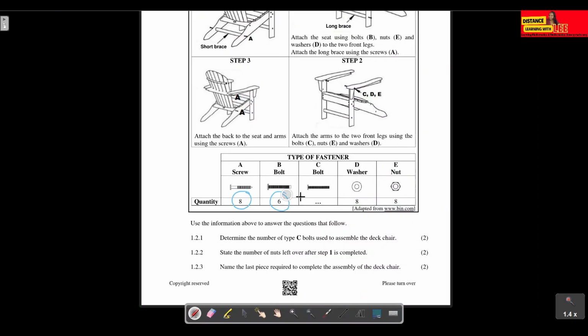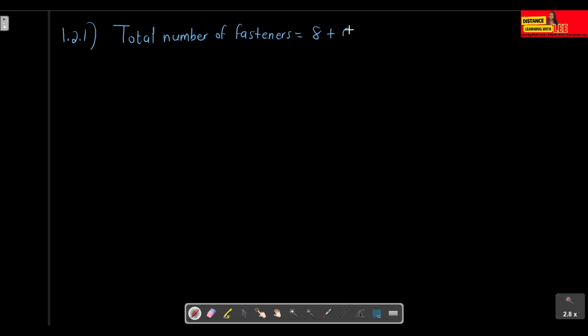The total number of fasteners is equal to 8 plus 6 plus C plus 8 plus 8. We already know the total number of fasteners is 32, so we substitute that.